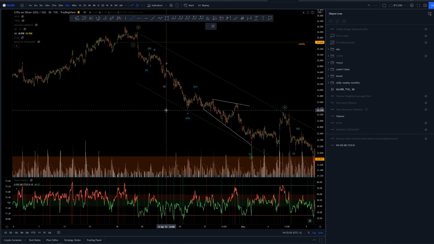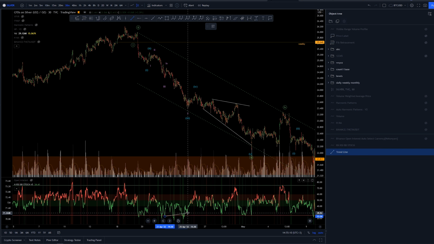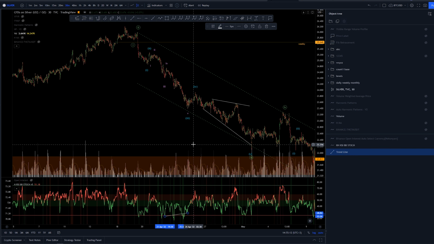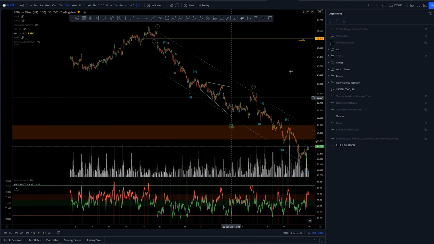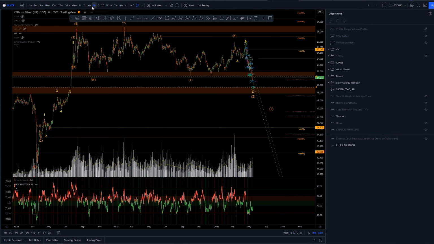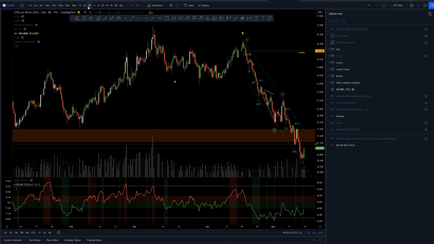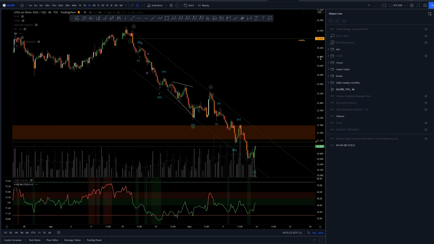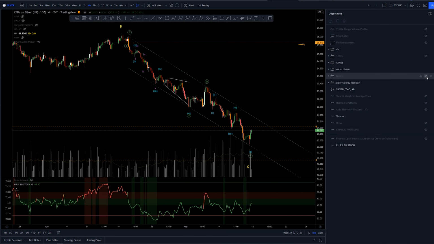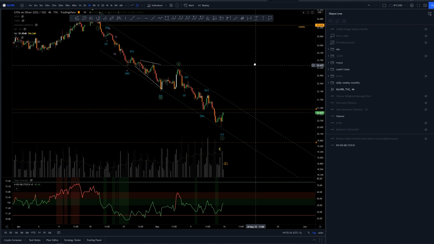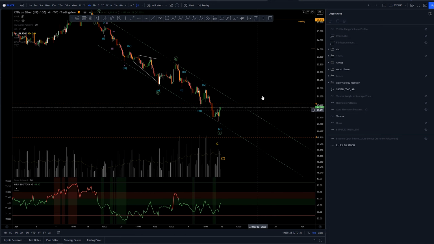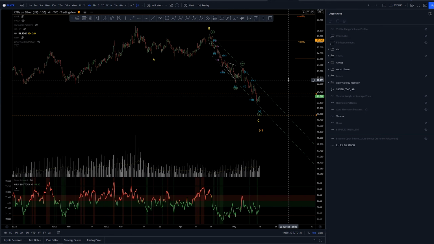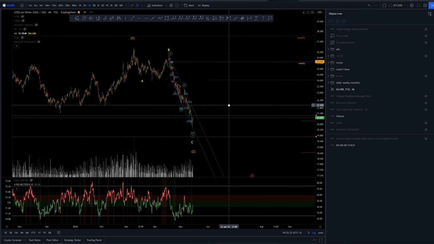The actual divergences are measured from this low to this low here. So there is divergence on a smaller scale, so this is valid as well. Which scale were we on? This one. Yeah, there are good looking structures here for this count as well.